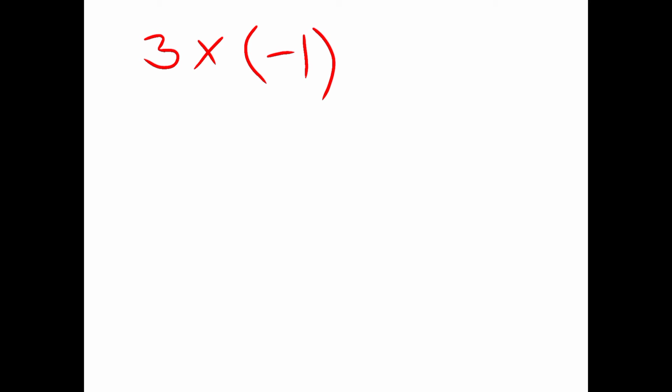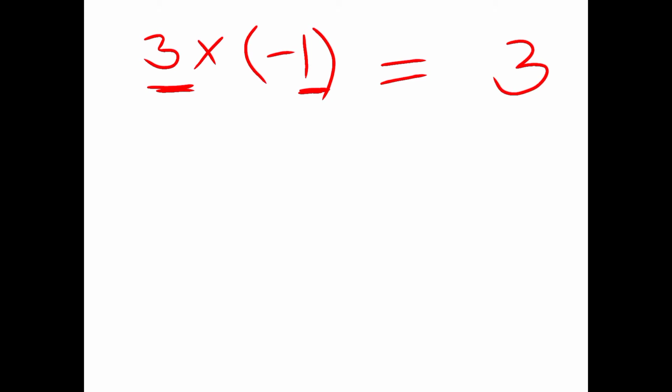So we have to find the product. If you remember, multiplying integers is not different from multiplication of whole numbers. Simply we have to multiply 3 into 1, that is equal to 3 ones are 3.